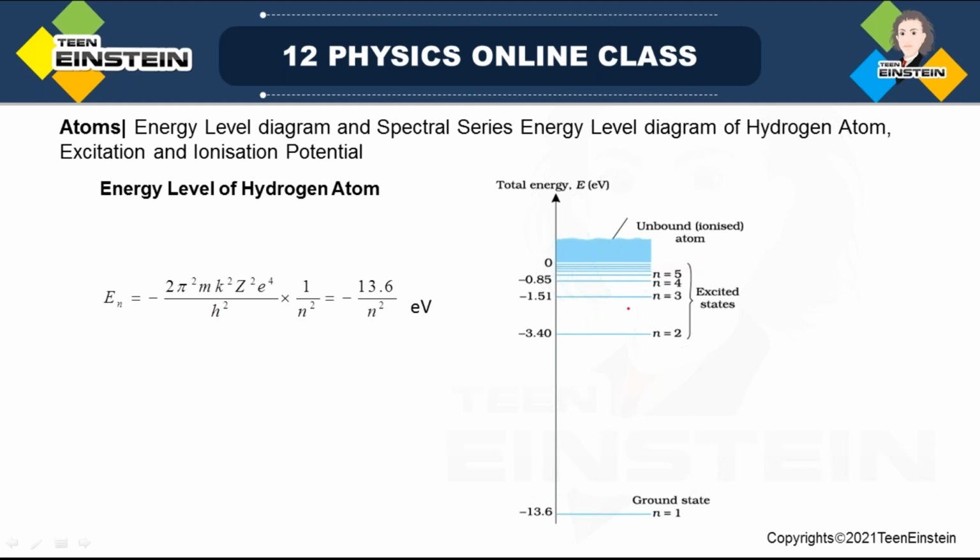Now one more point I want to make here. When I say one electron has to be excited from this energy level to this energy level, suppose it is excited from the first excited state to the second excited state, that means your energy difference is E2 minus E3. So you have to find out the energy difference, and if you give that much energy to an electron situated at the first excited state, it can make a transition to the second excited state.